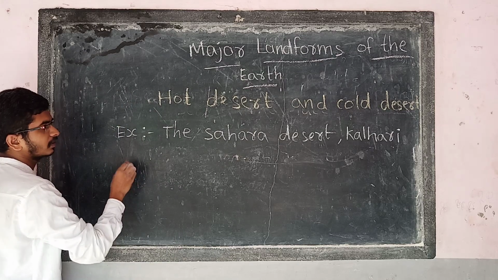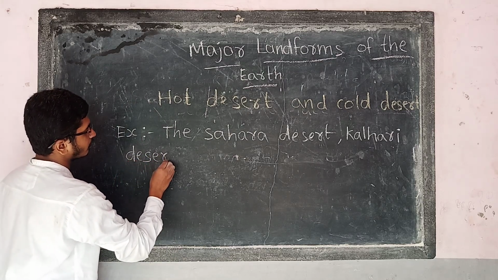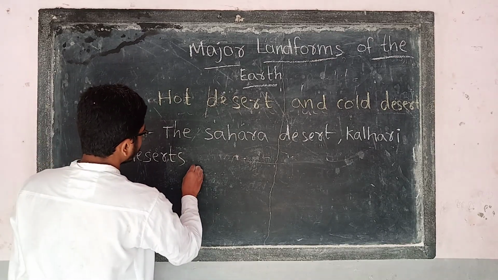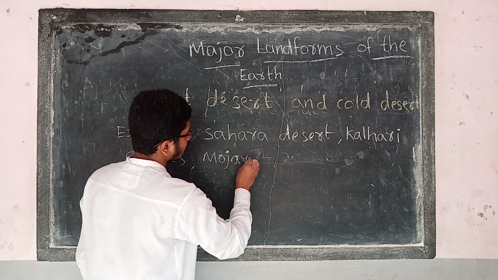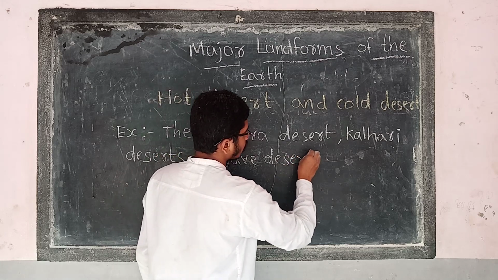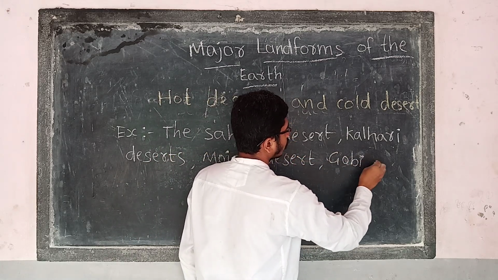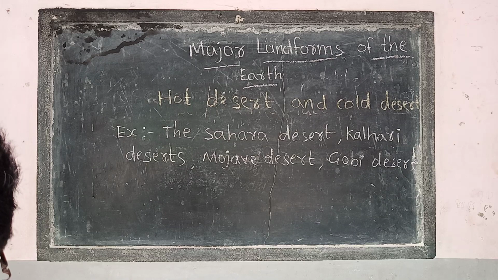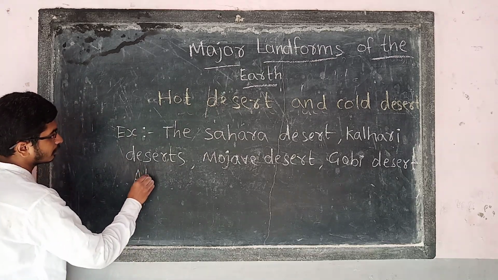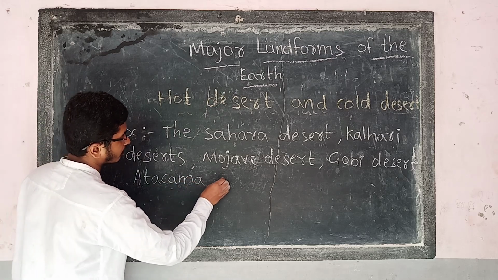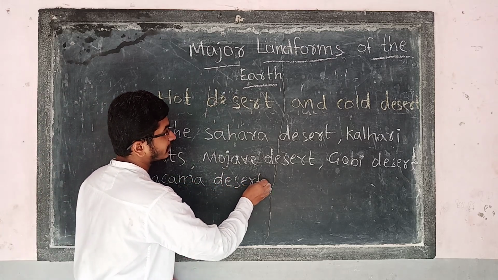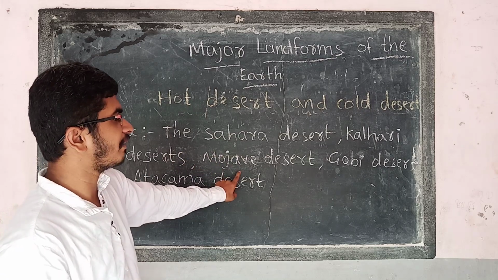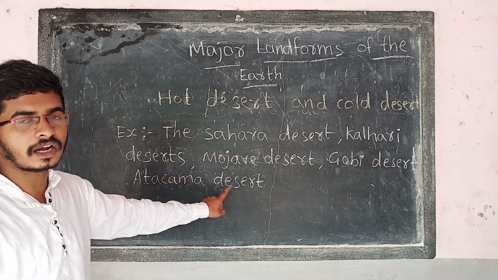These are desert names. Repeat with me again: the Sahara Desert, Kalahari Desert, Mojave Desert, Gobi Desert and Atacama Desert.